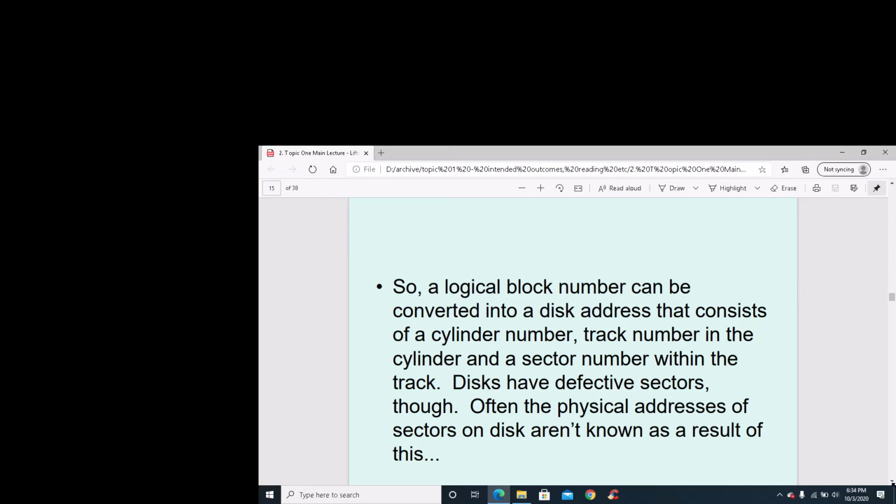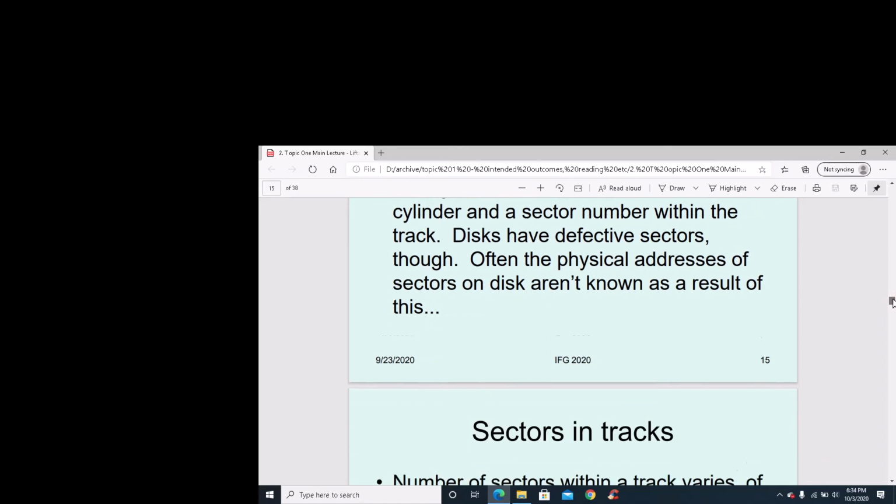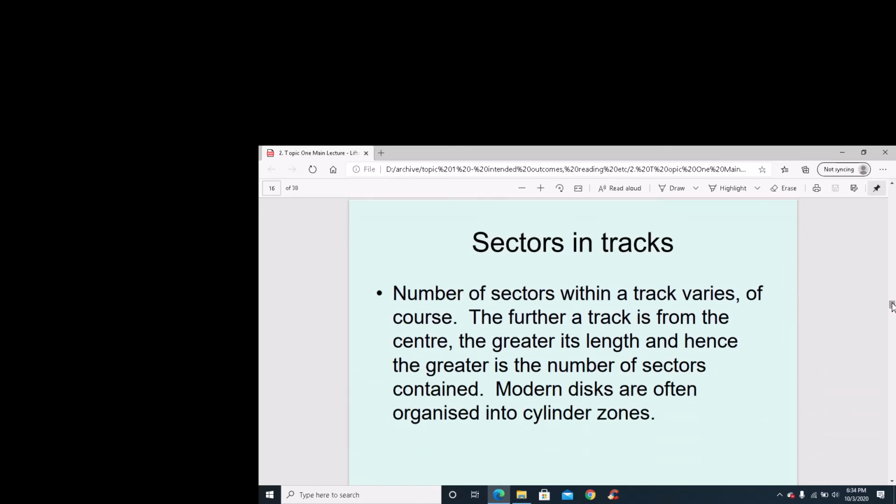And as a result of that, you need to associate each element of your logical array of data with a physical address.